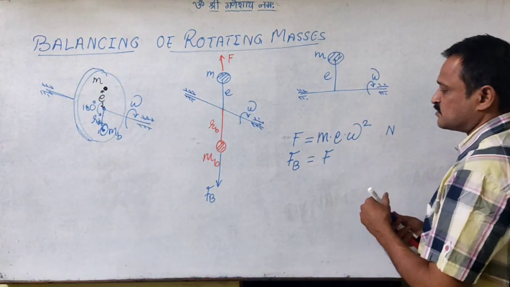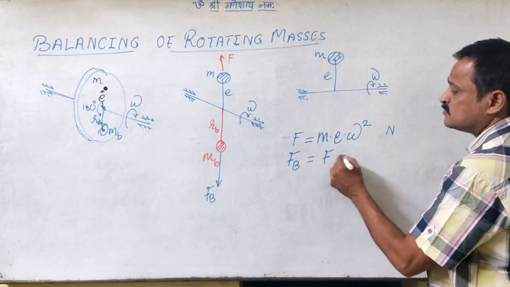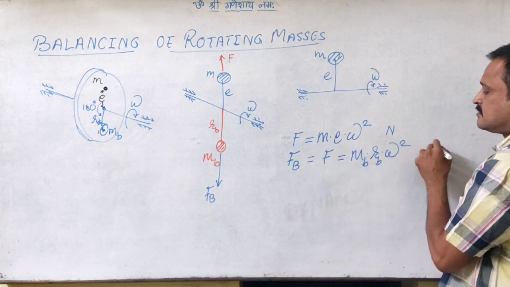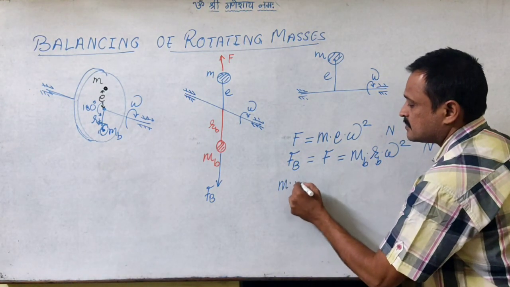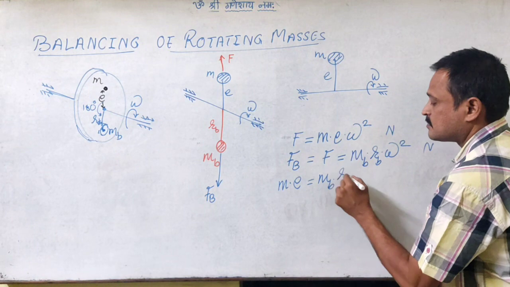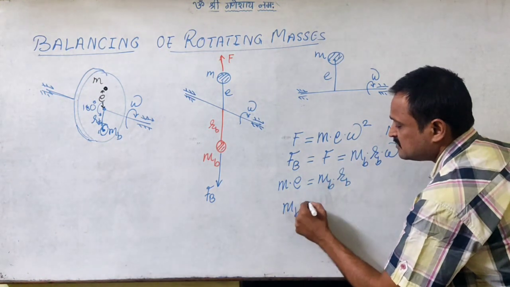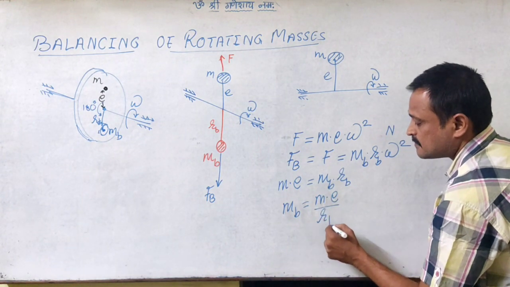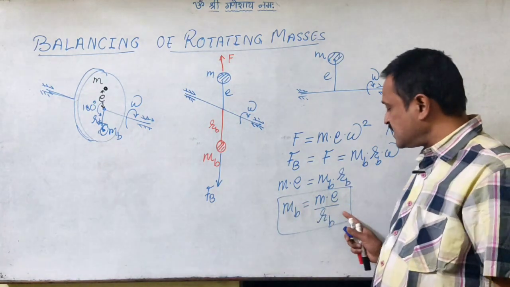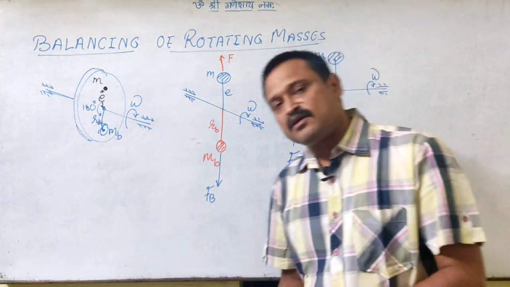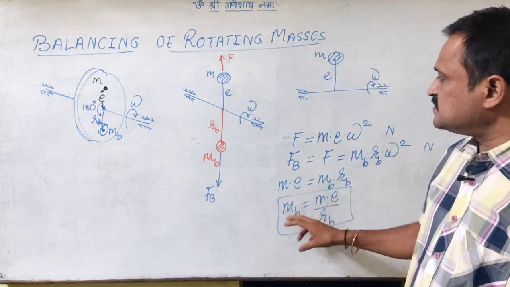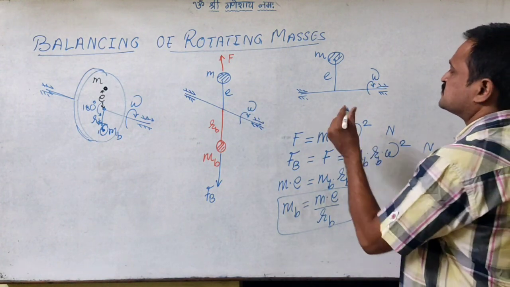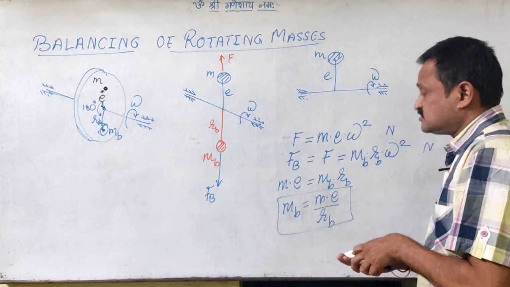So the magnitude of this force will be equal to that of the balancing mass, and I can then determine what should be this balancing mass, which I can place at maybe a pre-decided radius, or whatever is the condition based on which I can place that mass here, so that the sum of these forces comes out to be 0.